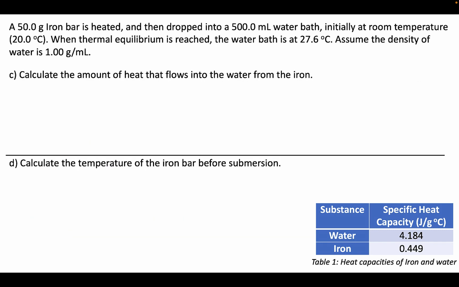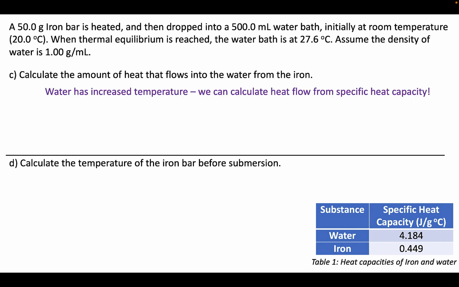What is the amount of heat that flows into the water from the iron? We don't have enough information to detect directly how much heat flowed out of the iron. But we do know the initial temperature of the water, so we have everything we need to calculate the heat flow based on the specific heat capacity of water.